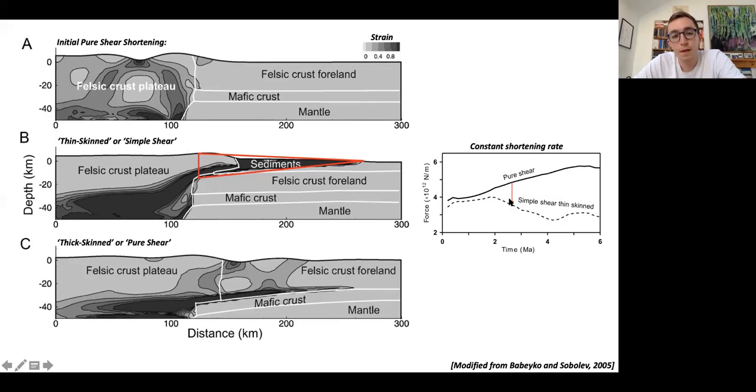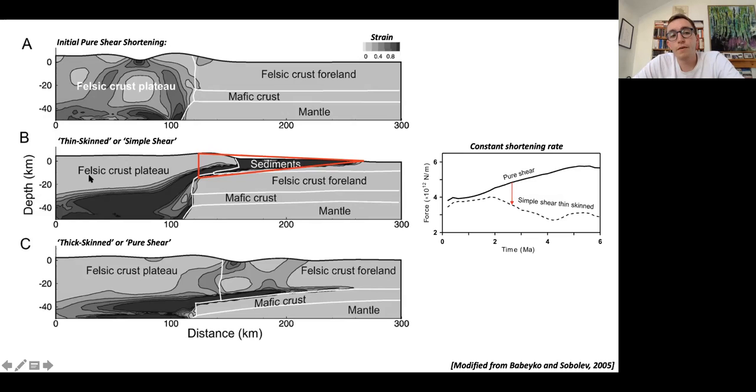So if you were to go from this thick-skin state, dump a bunch of sediment on top of it, and allow strain to localize into that weak sediment pile, you would reduce the horizontal forces needed acting through the lithosphere in this region and transmit it into the top of the plateau.